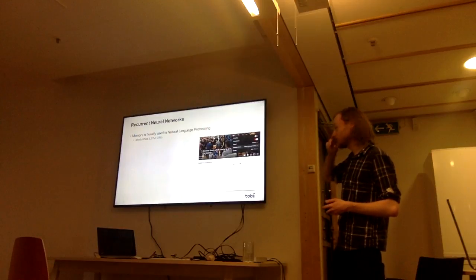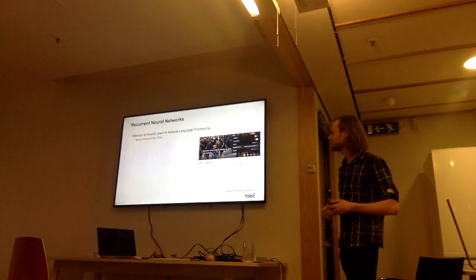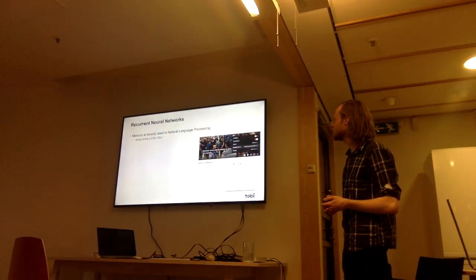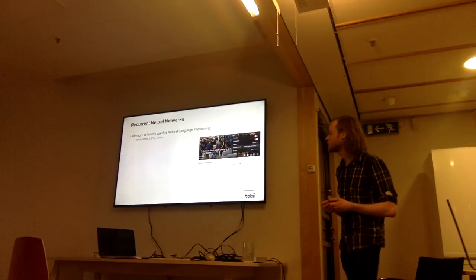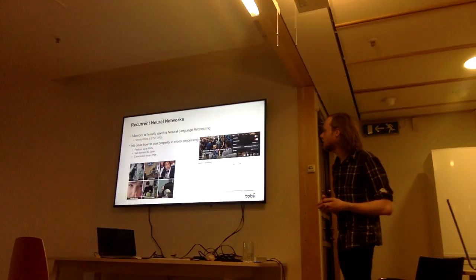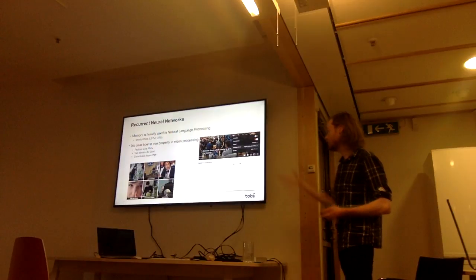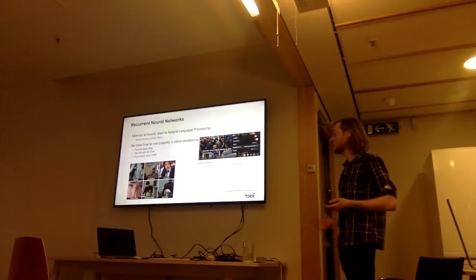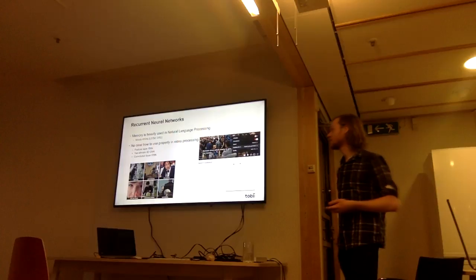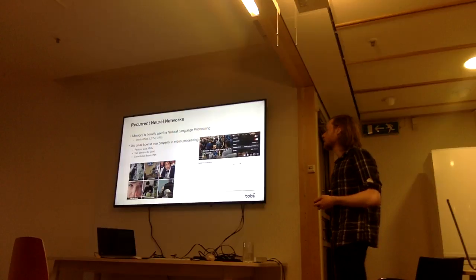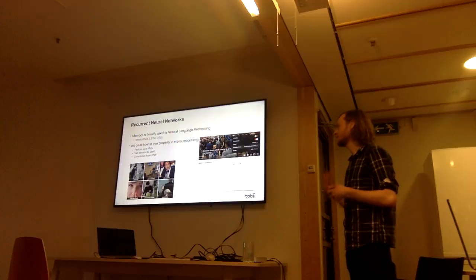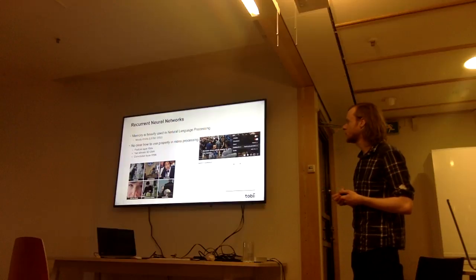So how do you add memory to networks? You use recurrent networks. They are most heavily used in natural language processing, I think. People use this a lot for natural language processing because there you can represent your words as vectors. But for videos, it's not as clear how you're supposed to actually get recurrence, I think.